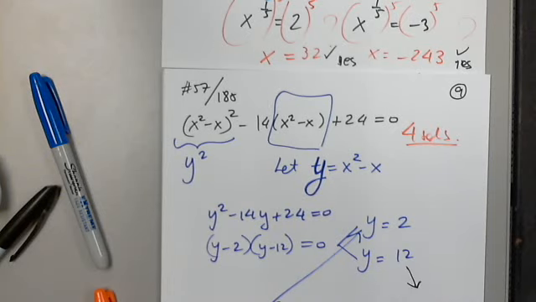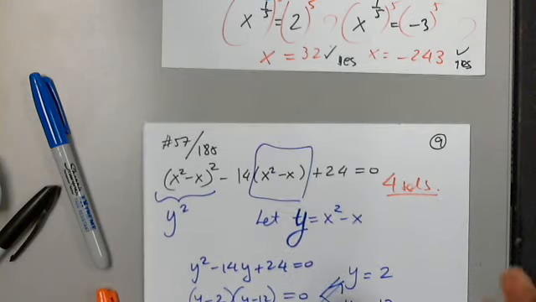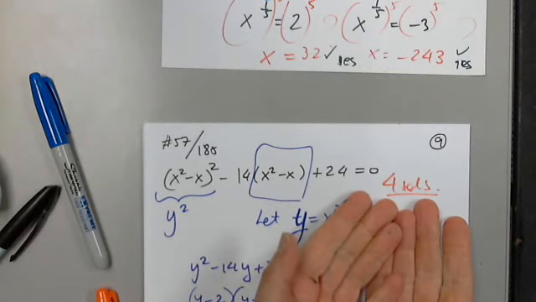And what equation is this? Do you agree with these two new equations? What are they? What type? Quadratic. How many solutions will I get from each? So 2 from here, 2 from here. How many solutions do I expect total?